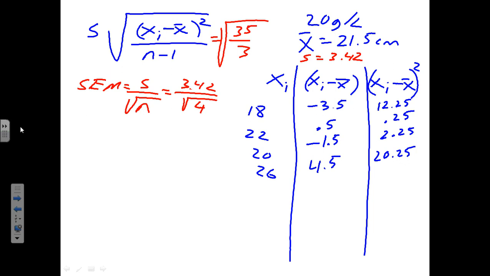So it's essentially 3.42 divided by 2, right? So 1.71 is our standard error of the mean. So that's for the 20 grams per liter sample. We need to do the same thing for the other samples. So let's do a little erasing here.